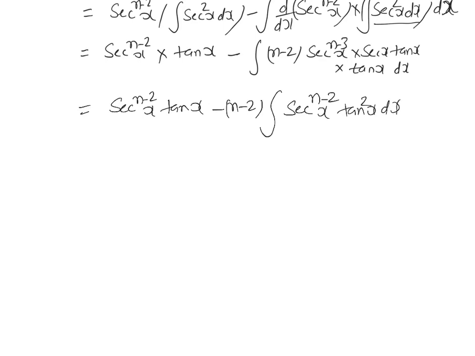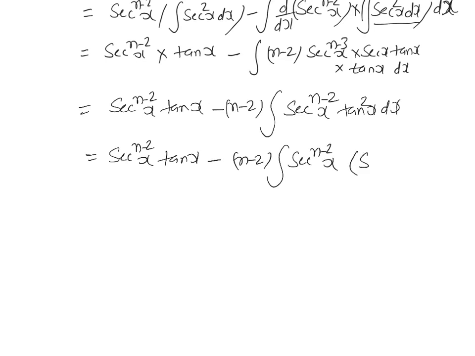We have just collected the same terms. Now this will again be equal to secant^(n-2) x tan x minus (n-2) integral of secant^(n-2) x, and you know tan^2 x is equal to secant^2 x minus 1, dx, okay.